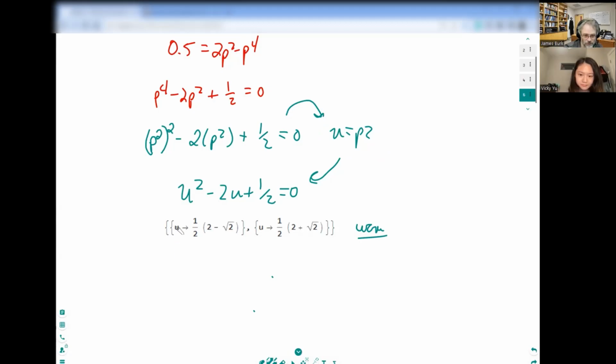So I got to come over here and replace them now with P squared. That's the next piece of this puzzle. After you solve them, back substitute it.